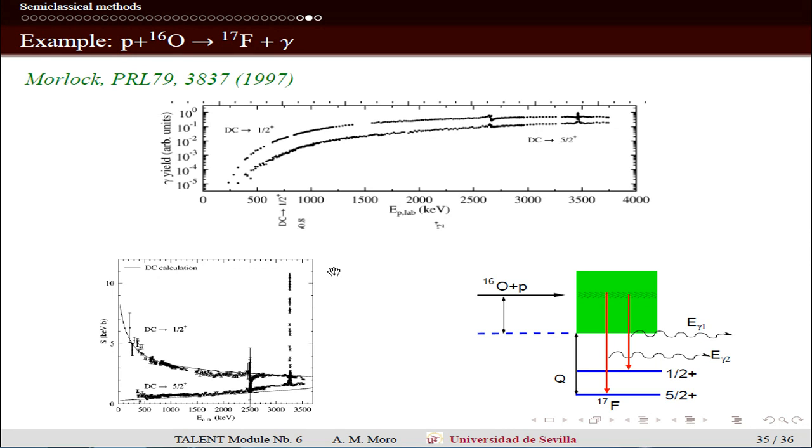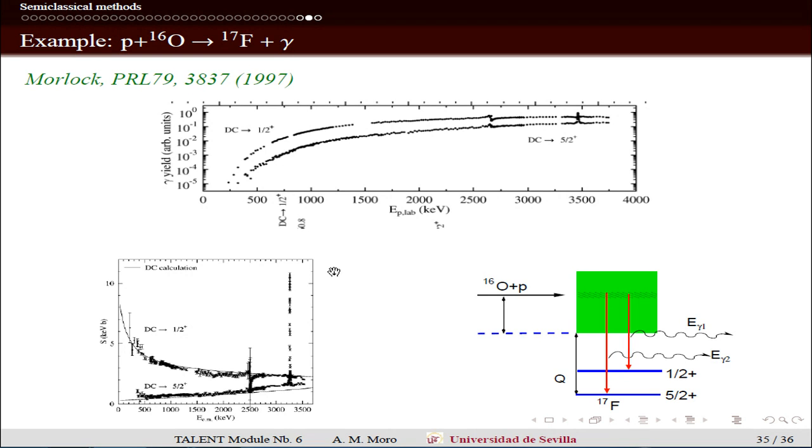And we have two lines. The two lines correspond to the decay to the ground state, this one, and the decay to the excited state, this one. And from these yields, by introducing this exponential factor, one can obtain the astrophysical S factor for the two processes, which are these lines. So this is linear scale, this is log scale.